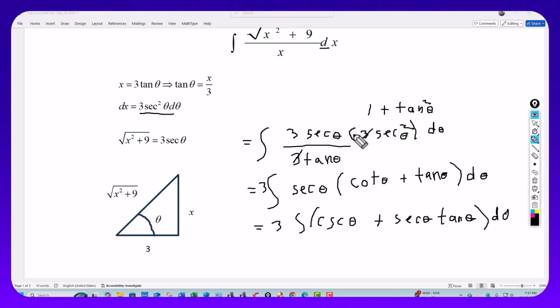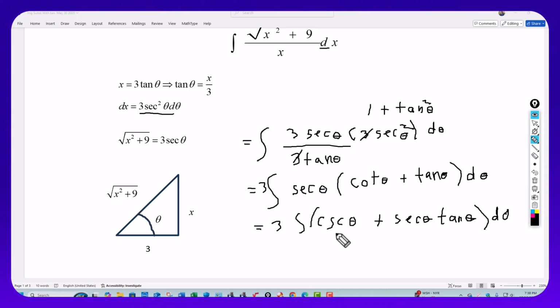Then I divided the tangent into the 1, and that can be written as cotangent of theta instead of 1 over tangent. And then tangent squared divided by tangent reduced down to tangent, and then I multiplied this out, secant theta here, and I said cotangent is cosine over sine. Secant is 1 over cosine, so that canceled the cosine up there. Left me with 1 over sine, which is cosecant.